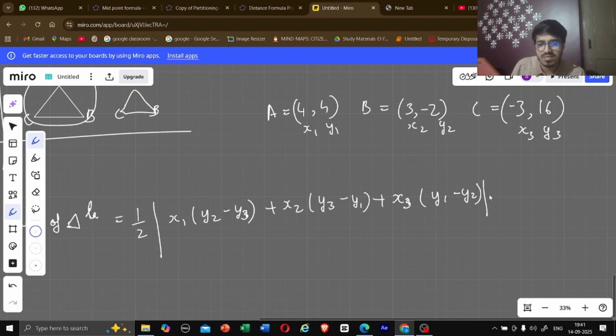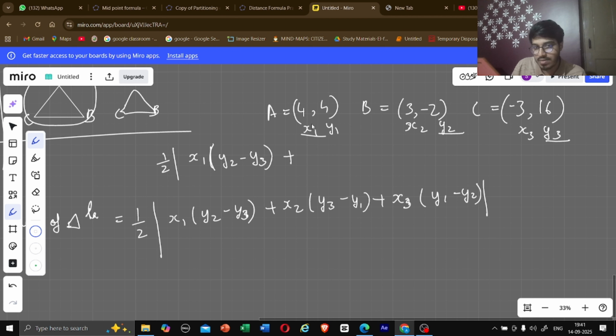Now, how to remember this formula? The biggest challenge is how to remember this formula, right? It's very simple. We'll go step by step. First you should remember half into modulus. First we'll take x1 and write x1. Next, we move to y2, y3, so x1 into (y2 minus y3).